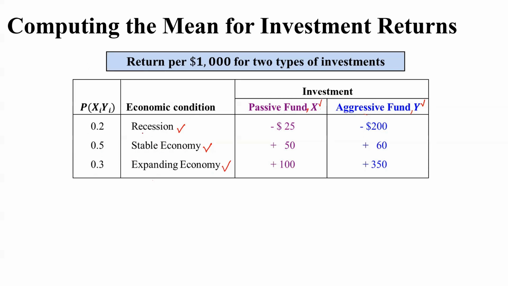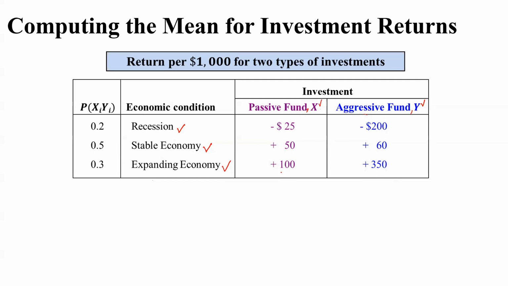During the stable economy, the passive fund is around $50 and the aggressive fund around $60. During the expanding economy, the passive fund gives you around $100 and the aggressive fund around $350. It's really high, but we check whether it's risky or not.